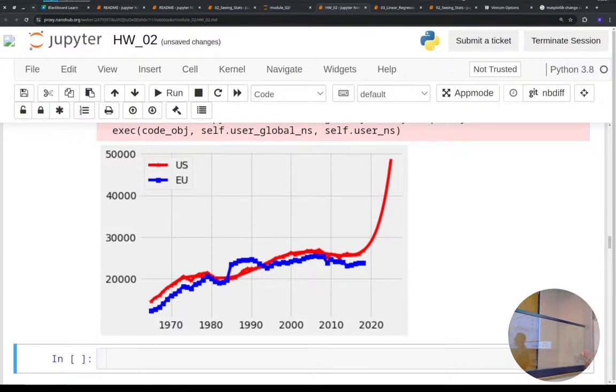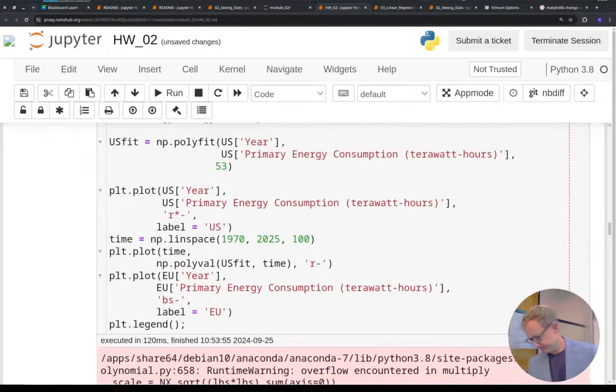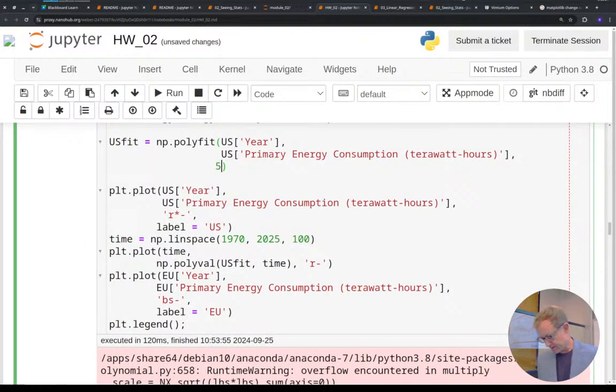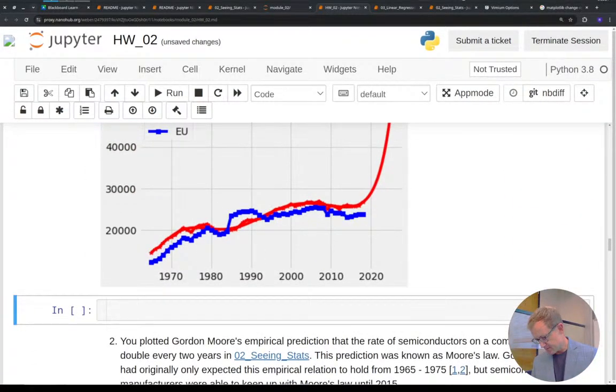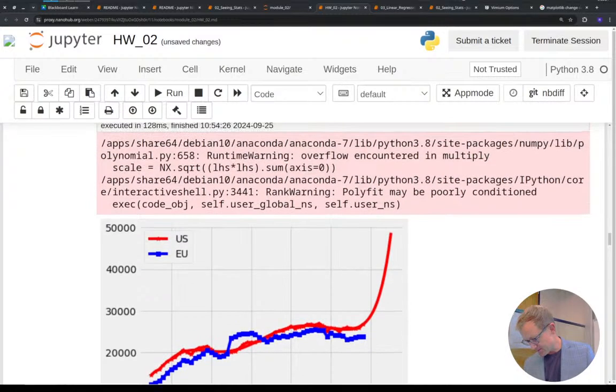This is usually the main problem: the higher order polynomials, the more wiggly they get, so the more unpredictable they get. Because if I change this from a 53 to a 52, it still goes up. Sometimes it flips. There's going to be a huge decrease, everything's going down, but in this case it didn't happen to.